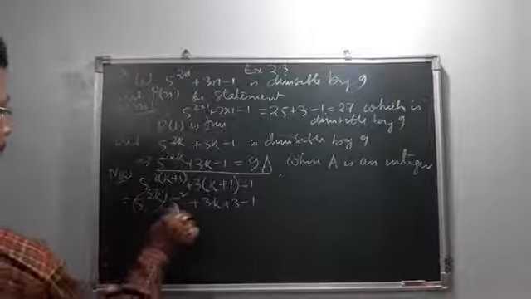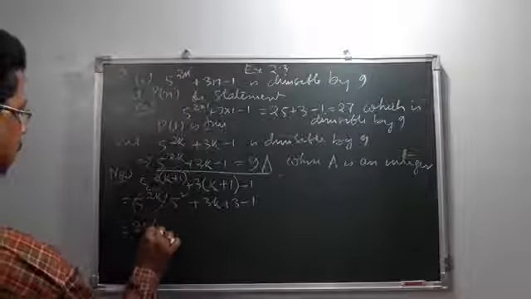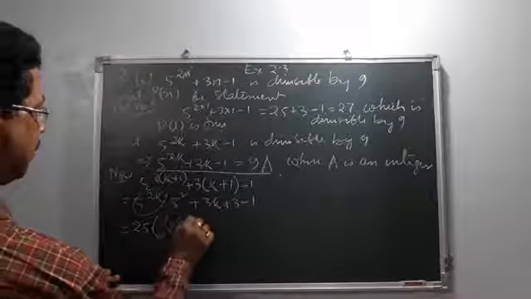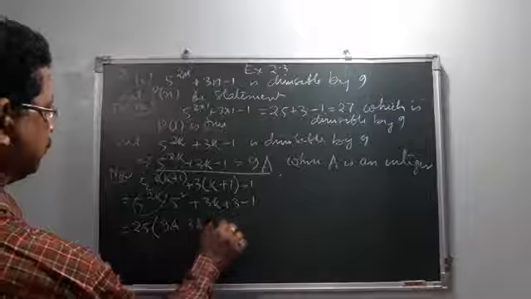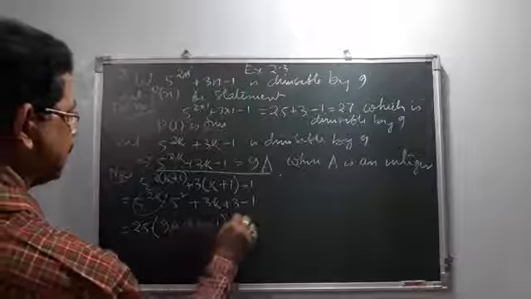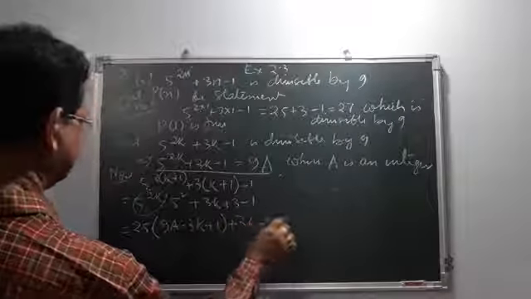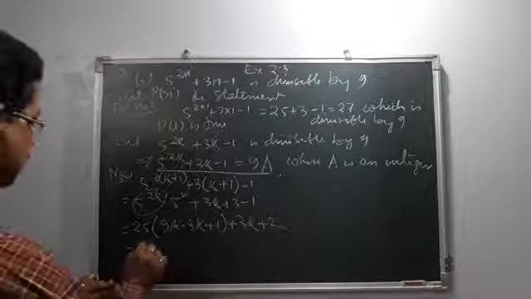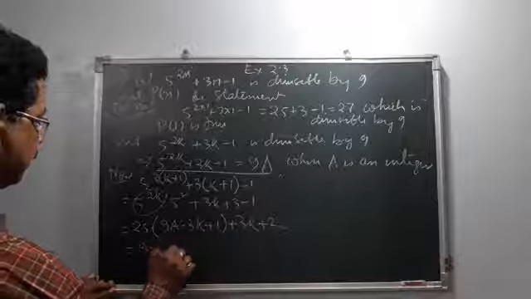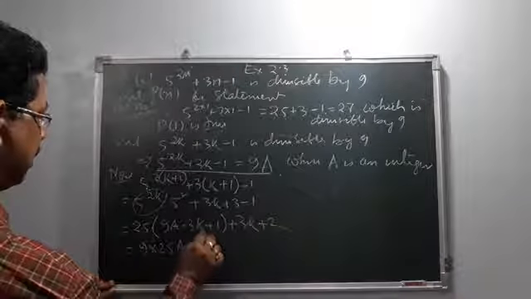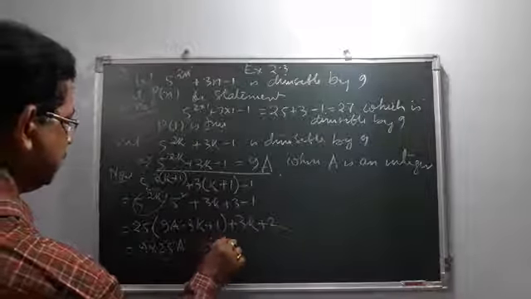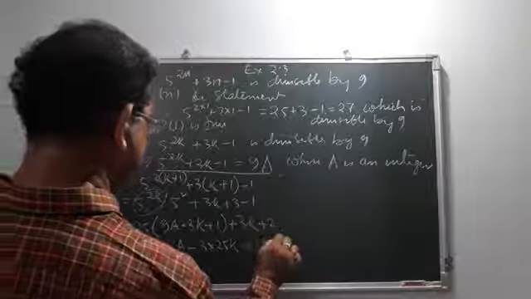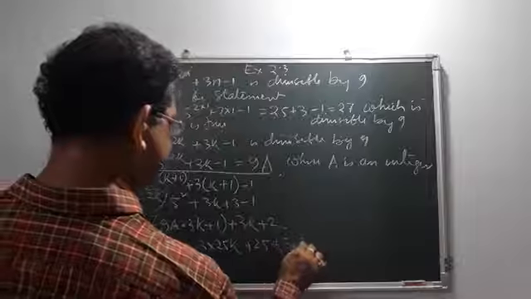Before that we write 5 square is 25. So its value is (9a minus 3 to the power k plus 1) into 25, plus 3 to the power k plus 2. So we get 25 into 9, better you write 9 into 25a, minus 3 to the power k into 25, plus 25, plus 3 to the power k plus 2.